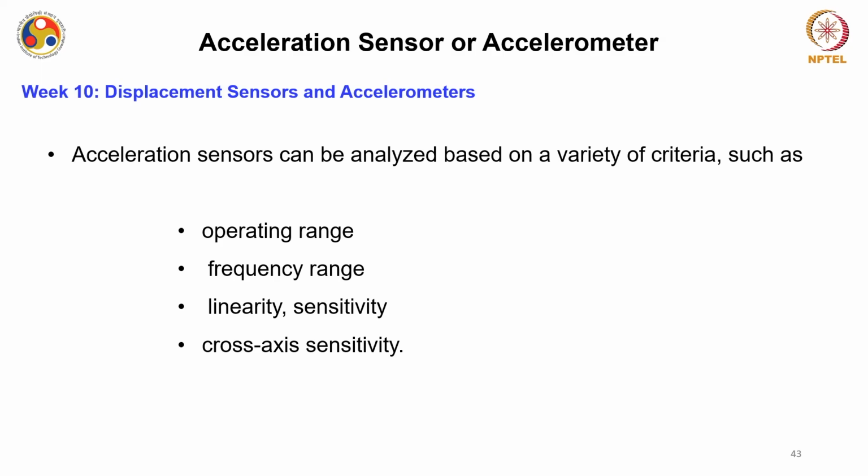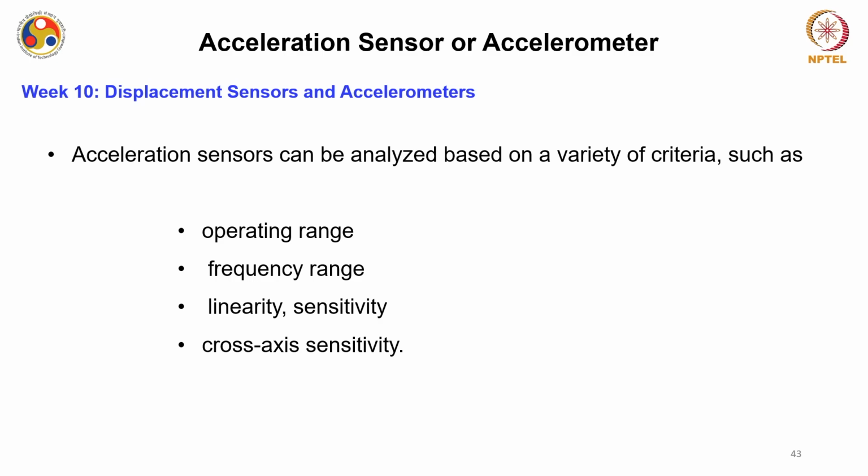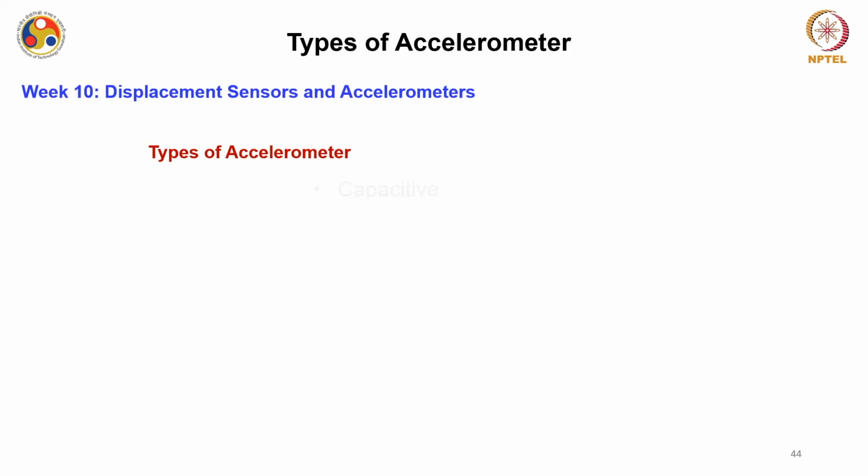For accelerometers we have seen their characteristics separately. Although we discussed different characteristics of devices in module 1, we also segregated the characteristics of accelerometers, because here a moving mass is associated, and depending on the frequency range and other things, these criteria change. The four characteristics that we have seen were the operating range, frequency range, linearity, sensitivity, and cross axis sensitivity.